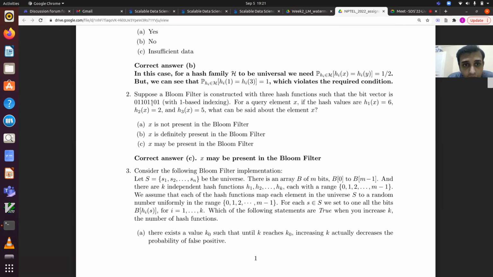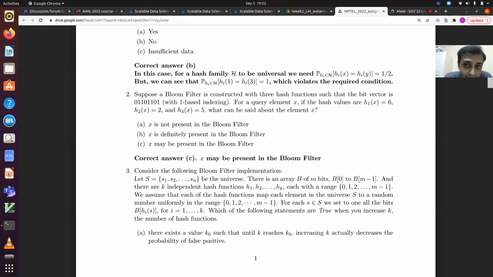So basically, 1-based indexing means you start counting from 1. So you start not 0, 1, 2, 3, but 1, 2, 3, 4. Okay. First position is 0. Yes, you're right. H1 of x equal to 6, this is 0, the value is 0.